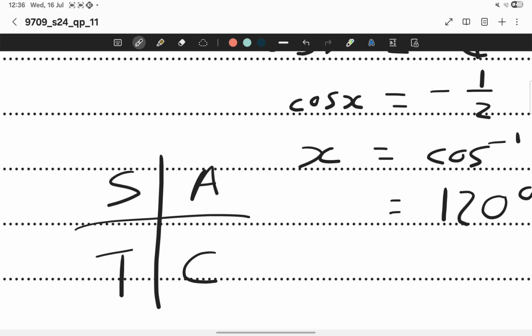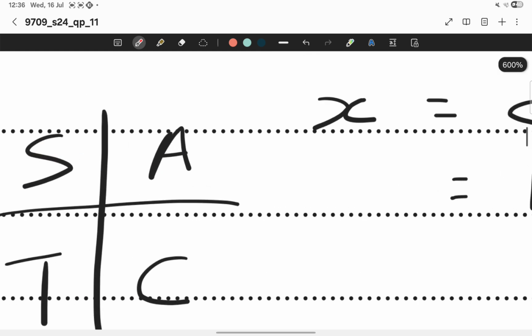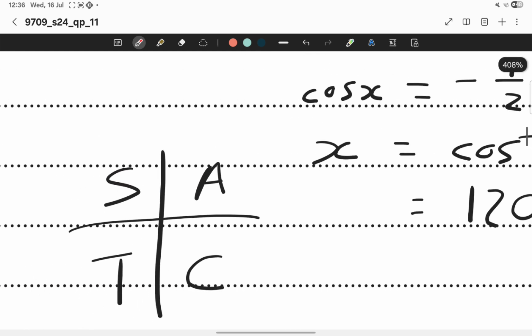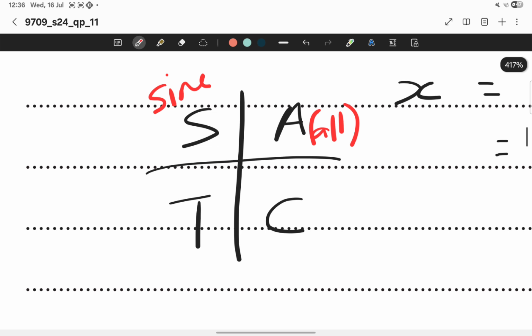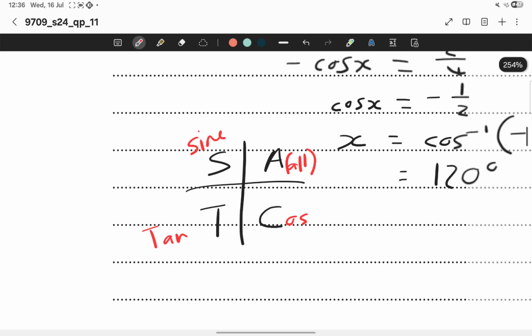So let me explain how this works. I'm saying in this quadrant, all the trigonometric functions are positive, and in this it's only the sine that's positive, in this it's tan that is positive, and in this one it's cos, right?